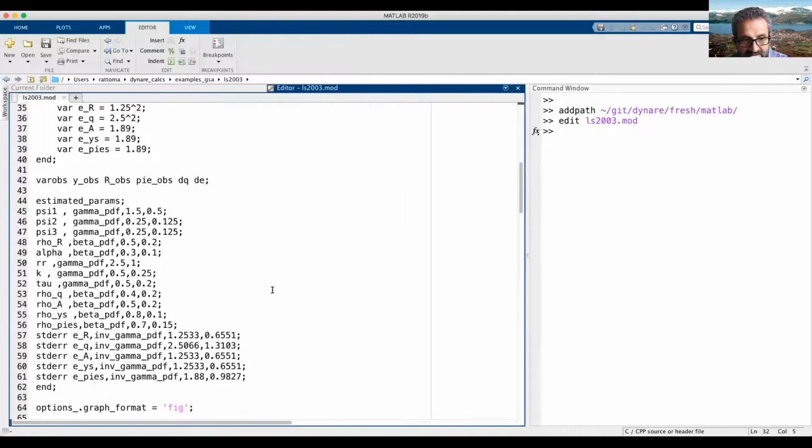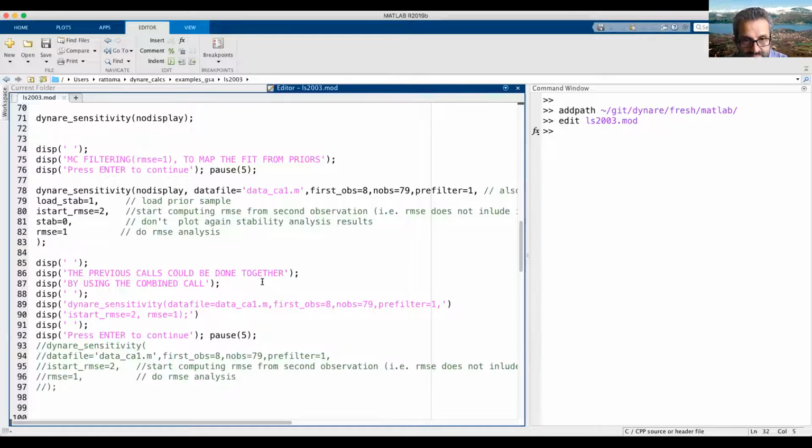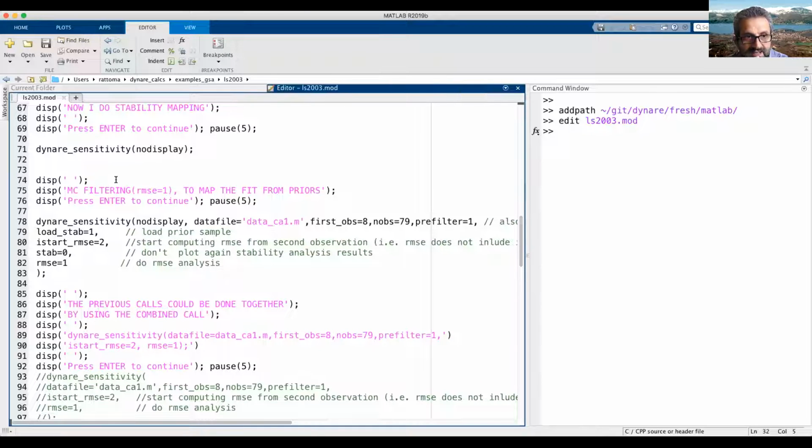We plug in the Lubik-Schorfheide priors and we do some sensitivity analysis. So the first one is just the Blanchard-Kahn. Then we do root mean square error analysis. So we map the fit using the prior. So how to do so? You need to have a data file.